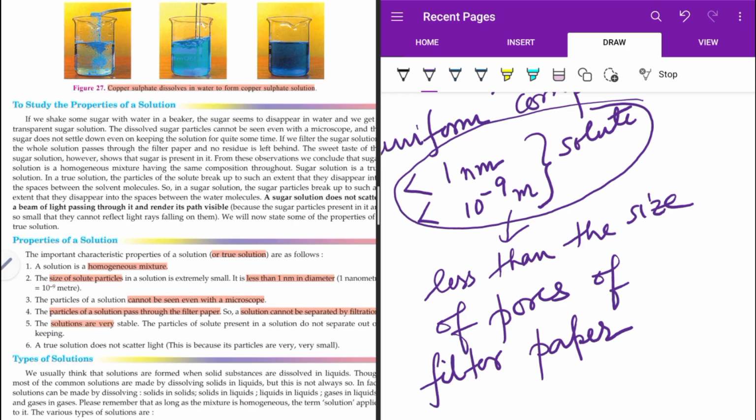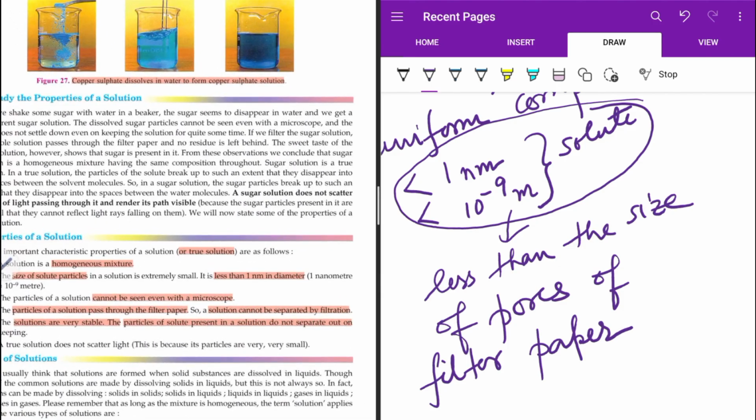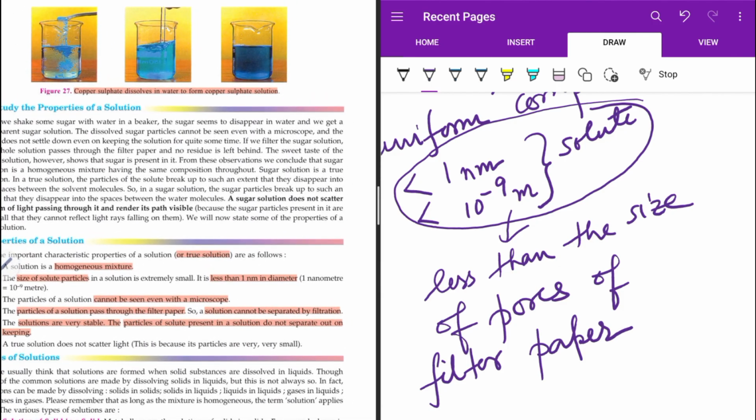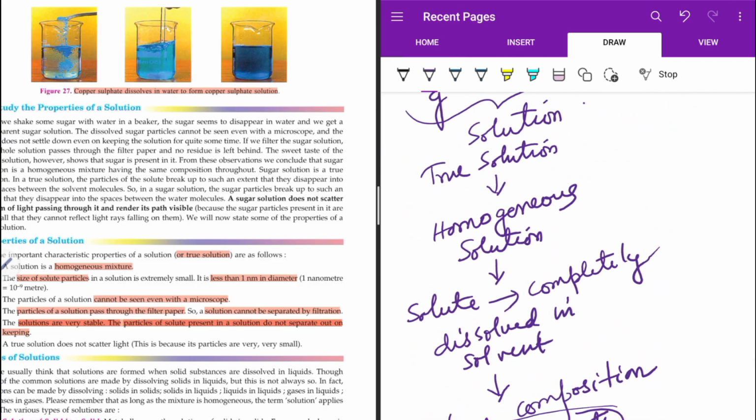The solutions are stable. When do we say the solution is stable? When the solute particles do not separate out from the solution. The particles of solute present in the solution do not separate out on keeping. They will not settle. They will remain dissolved in the solvent. So they are stable. So a true solution forms a homogeneous solution.